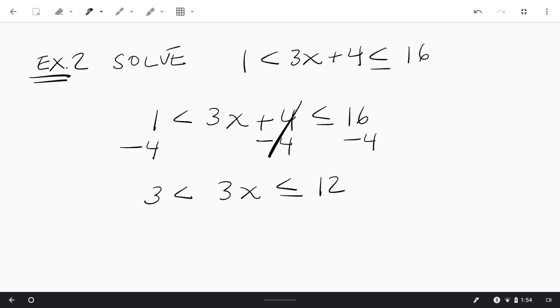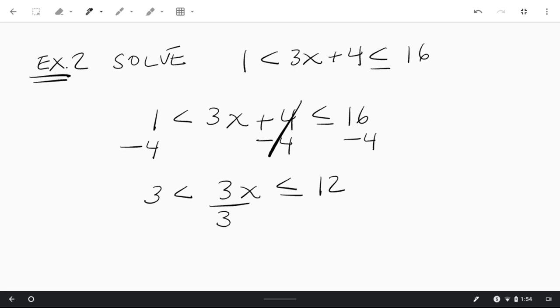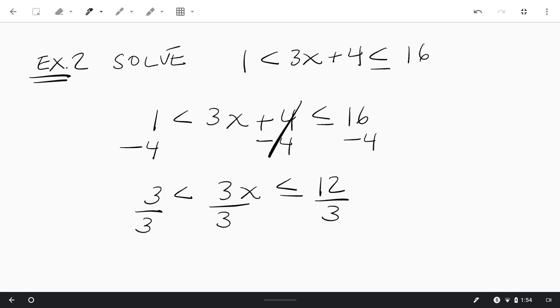At this point, I am going to divide all 3 sections by 3 to get x by itself. So I need to divide by 3 here, and then divide by 3 in the other 2 places as well.